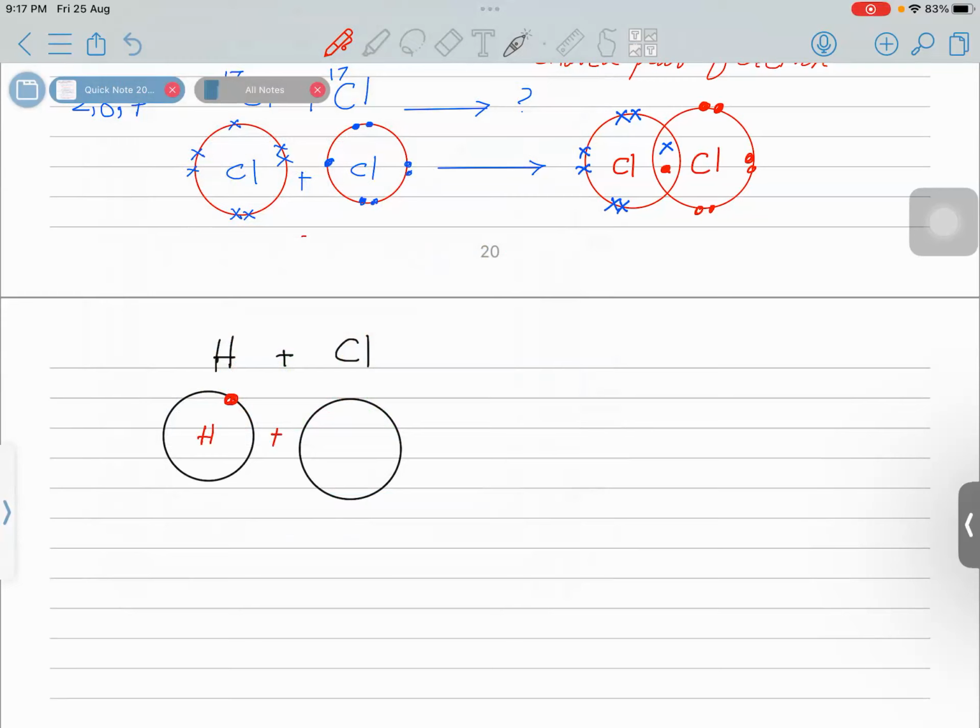This is hydrogen and chlorine has 17. 1, 2, 3, 4, 5, 6, 7. So form a bond between these two.